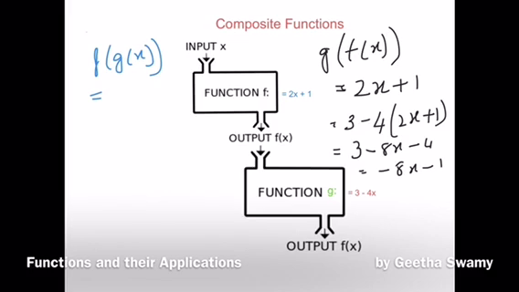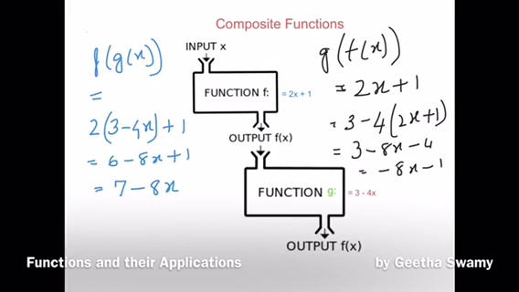So into the f function, instead of x, I'm going to put in 3 - 4x, and then I add 1, which is now equal to 6 - 8x + 1, which is equal to 7 - 8x.